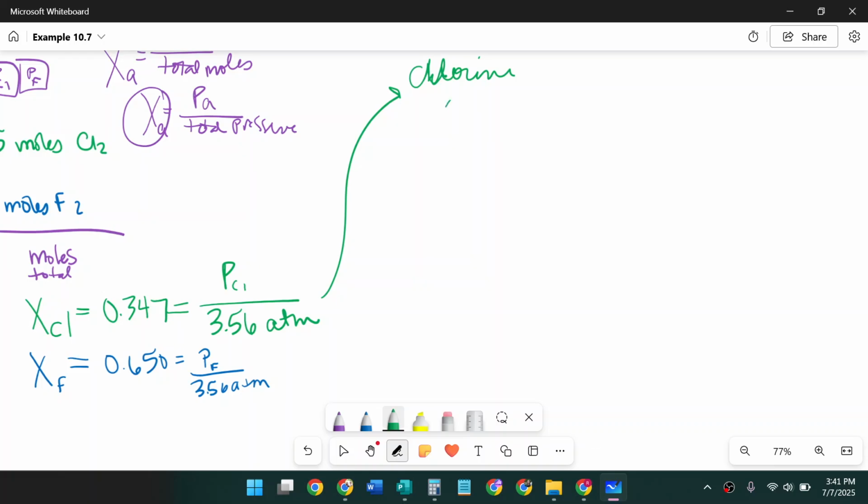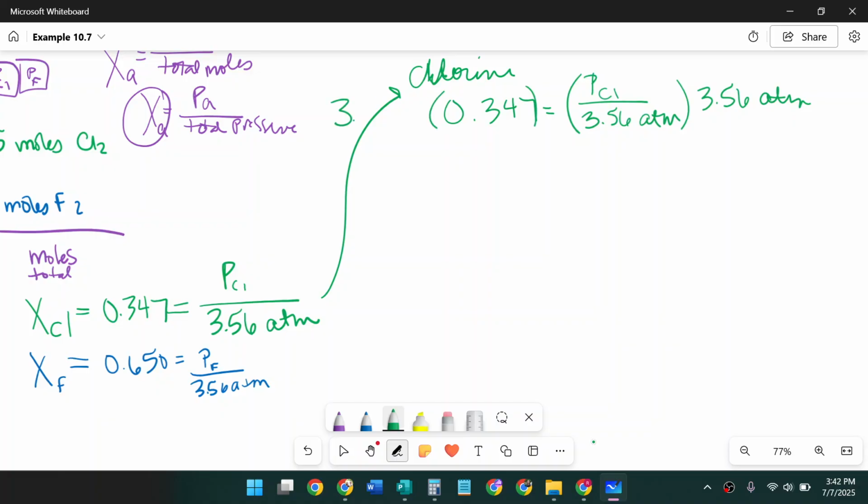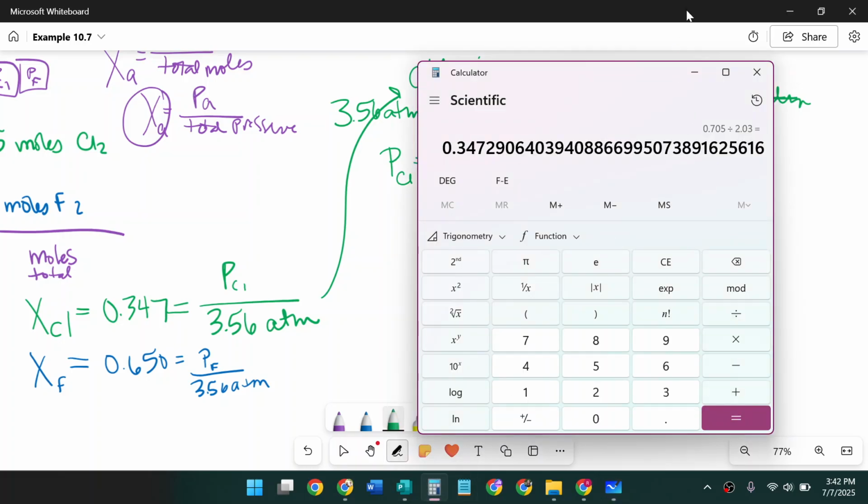So for chlorine, we have 0.347 equals the pressure of chlorine divided by 3.56 atm. And if we multiply both sides by 3.56 atm, we can solve for the pressure of chlorine. I'm going to go ahead and write the P of Cl on this side just to make it obvious that the answer's after it.